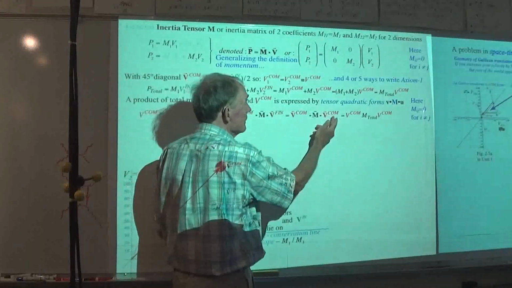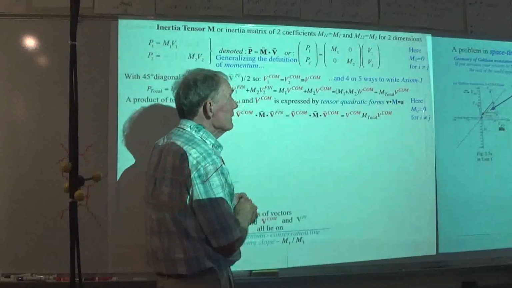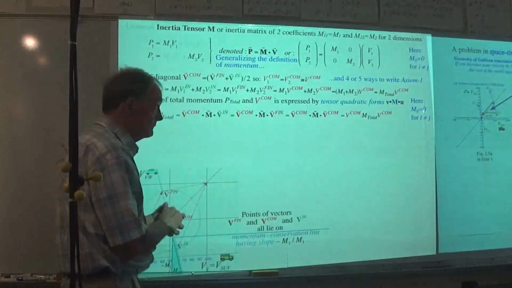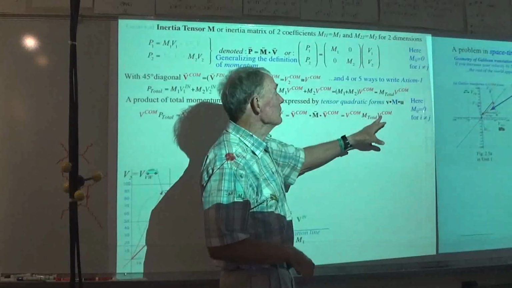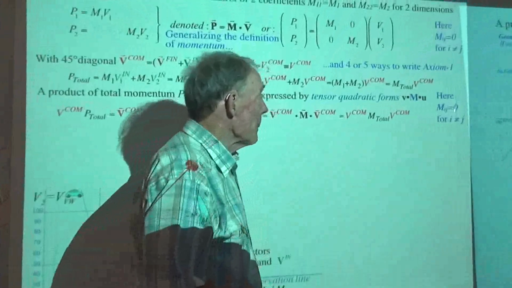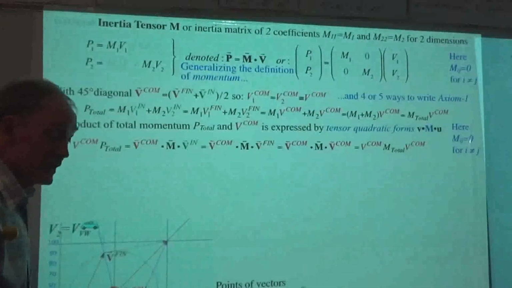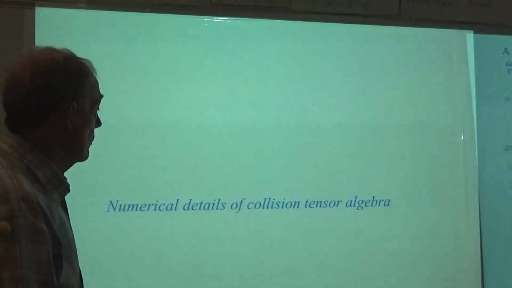And then, don't forget VCOM, M times that, okay? And this is supposed to come out to be a number that actually has the VCOM twice. This is an mv squared here. And you already know the formula for kinetic energy is half of that, but pretend you don't, and that's what we're working on here.